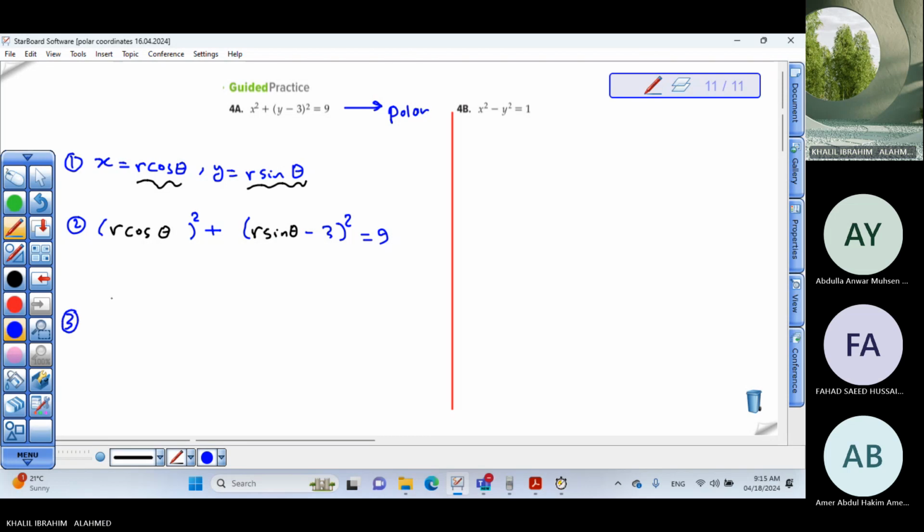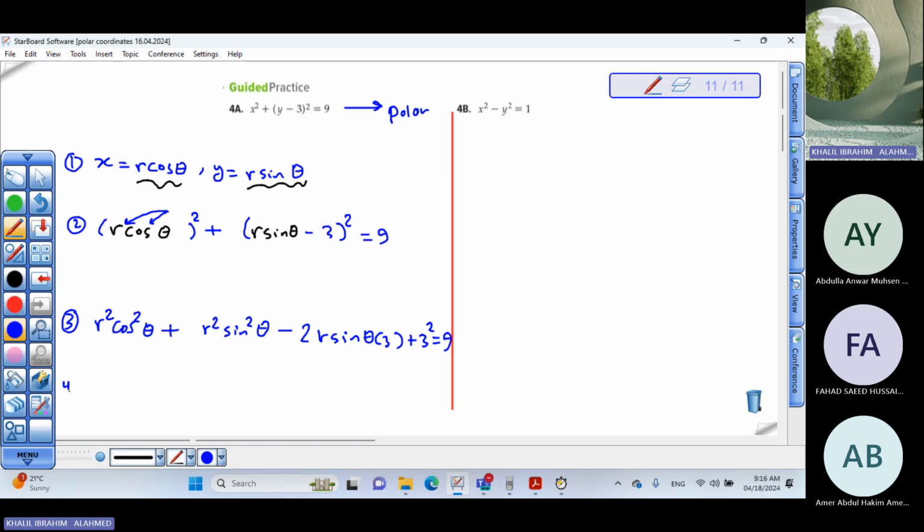Step 3: r squared cosine squared theta plus, sorry, not equal, plus, this is (a minus b) squared: r squared sine squared theta minus 2 times r sine theta times 3, plus 3 squared equals 9.